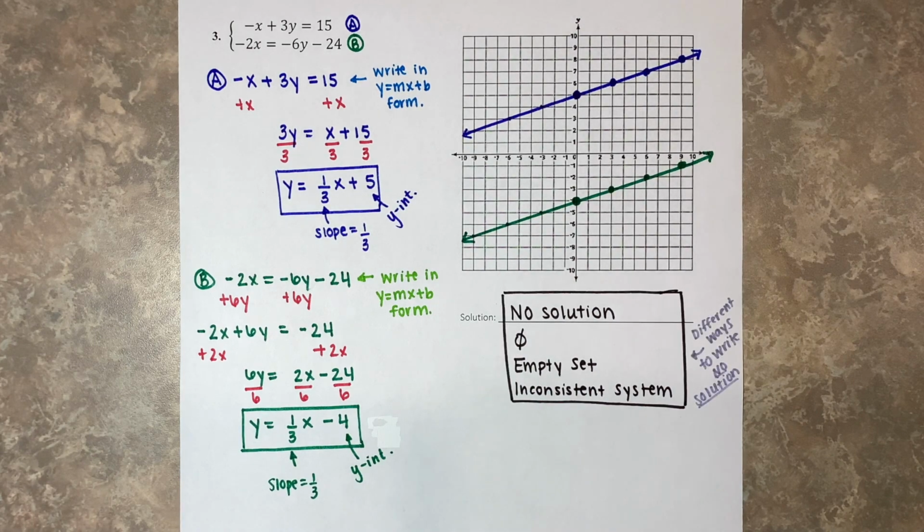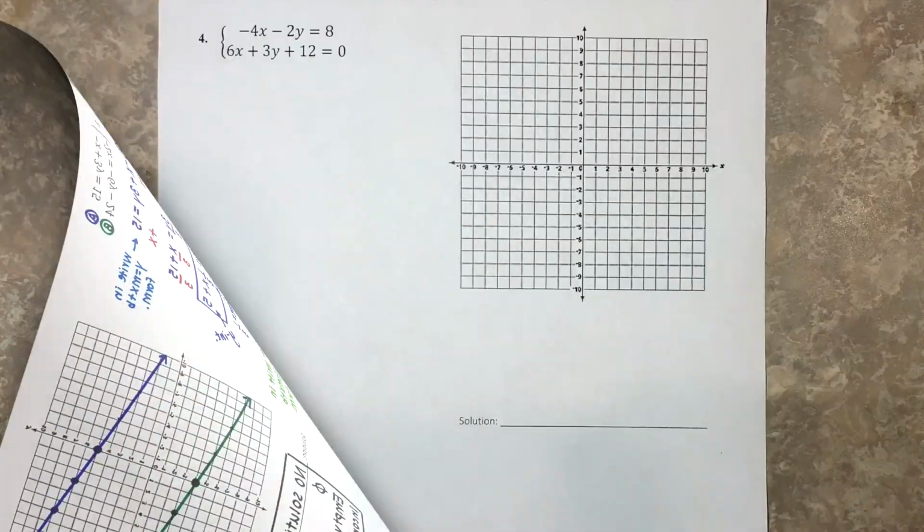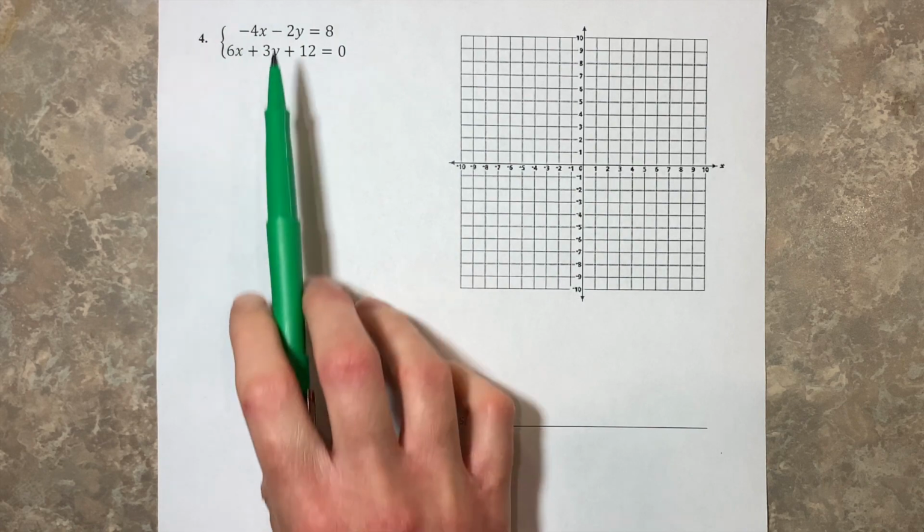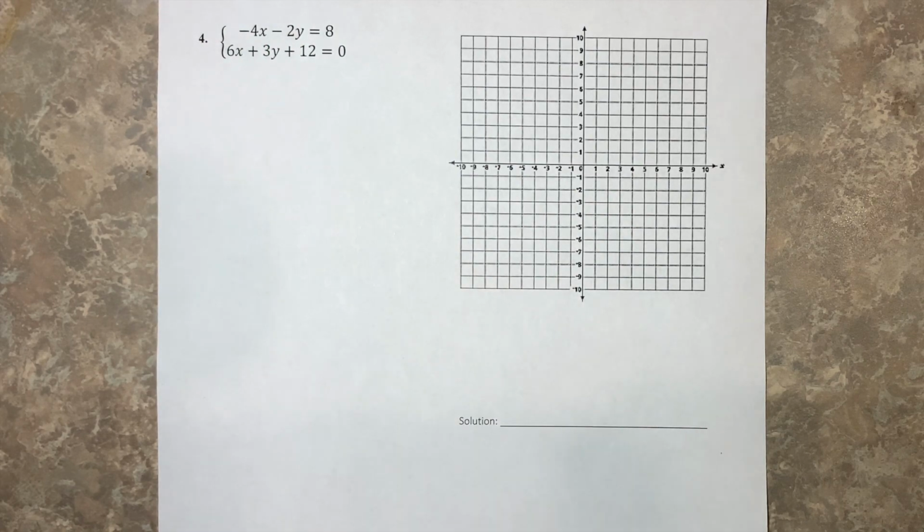Let's take a look at one last example of how to solve a system of equations by graphing. Again, in order to solve this system of equations by graphing, we want to graph these two lines and look for the intersection point. And to graph line A, let's go ahead and write it in y equals mx plus b form.